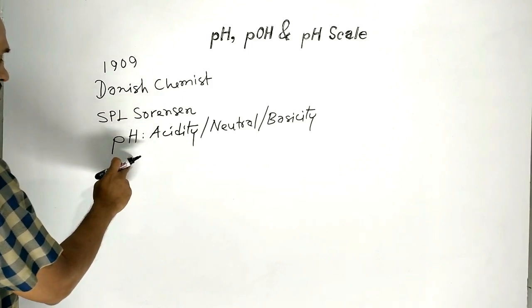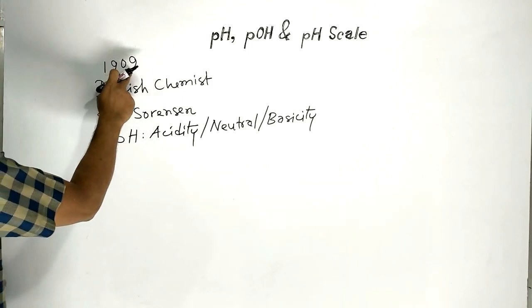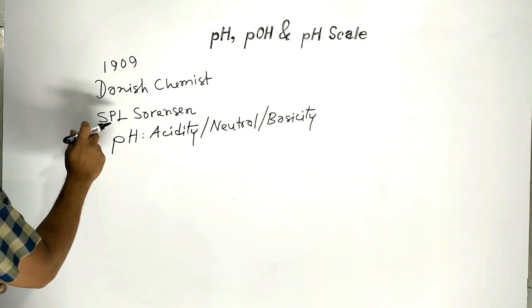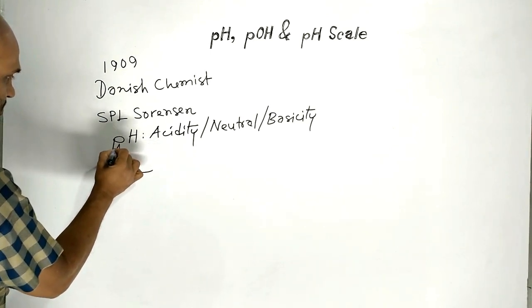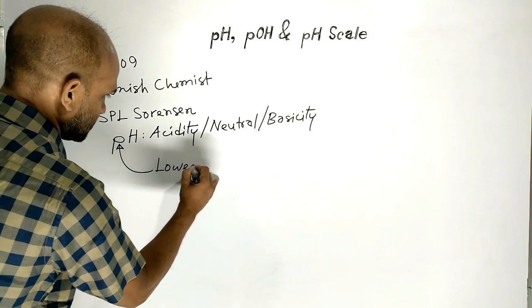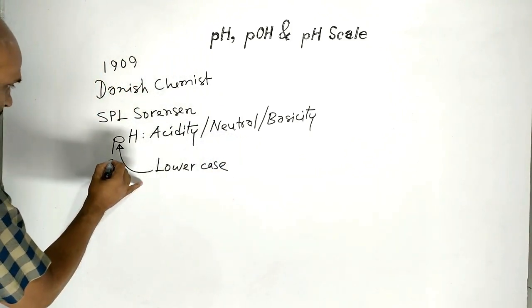This concept was introduced first in the year 1909, a Danish chemist S.P.L. Sorensen. Here, p is lowercase, small letter.